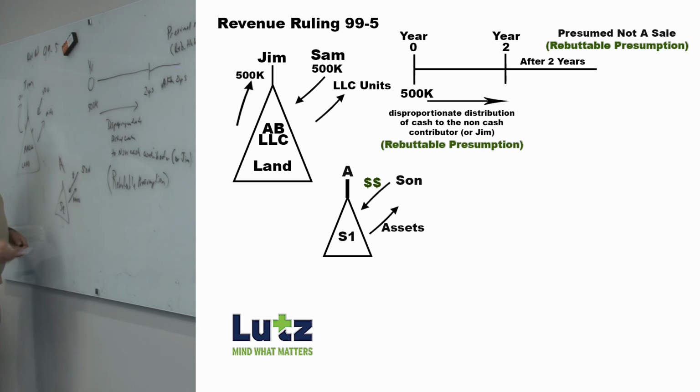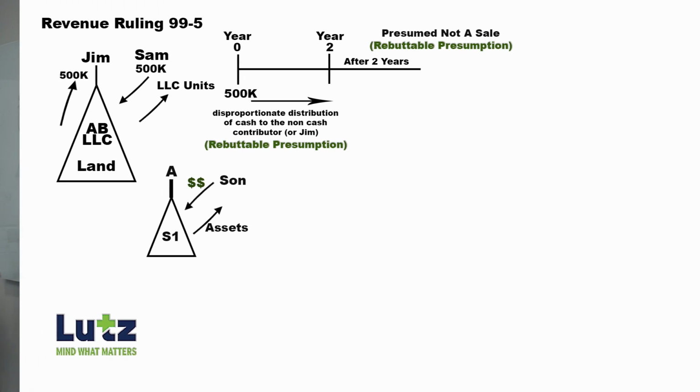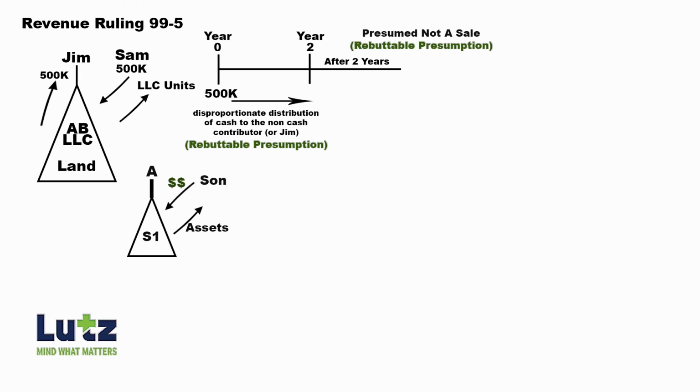Sun gives money. Who is the buyer and who is the seller? Sam, who's the buyer? Who's the seller? S1. Okay? And this is dad, right?